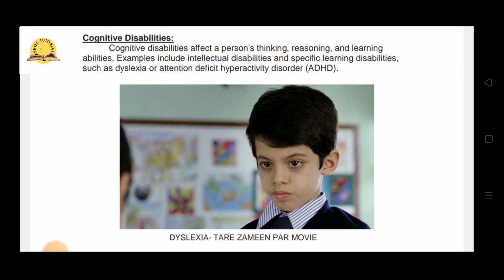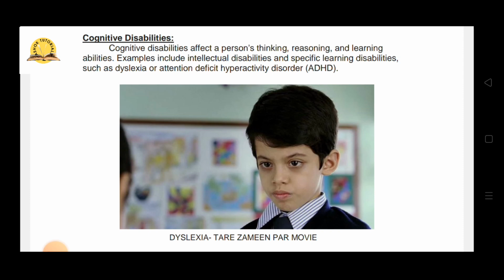Then, cognitive disabilities affect a person's thinking, reasoning and learning abilities. Now see here, cognitive means mental. Whenever we are not mentally fine, we will not be able to think properly, we will not be able to reason out, we will not be able to figure out, and we will not be able to learn, right?